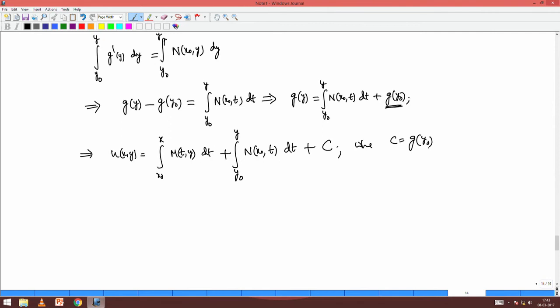G is, since g is arbitrary, at some point it becomes a constant, so it is an arbitrary constant.